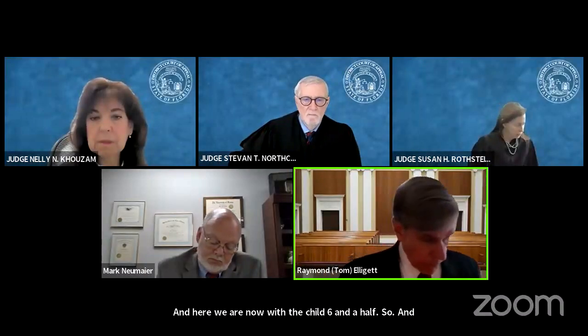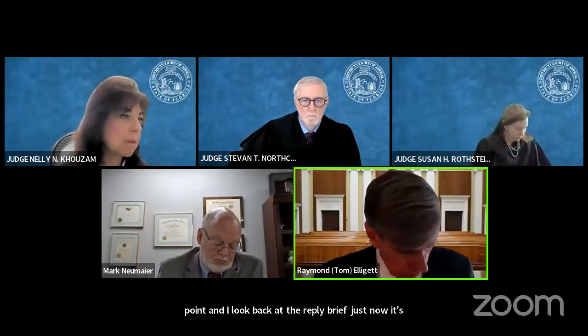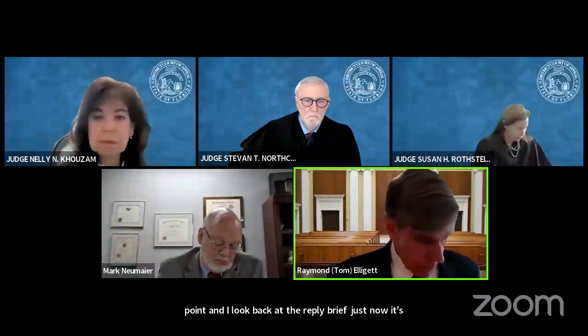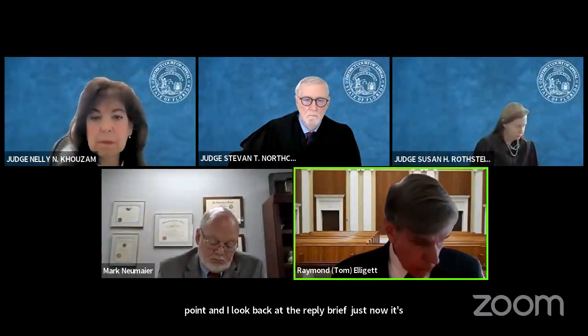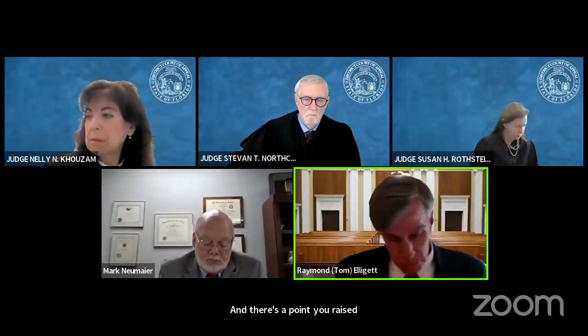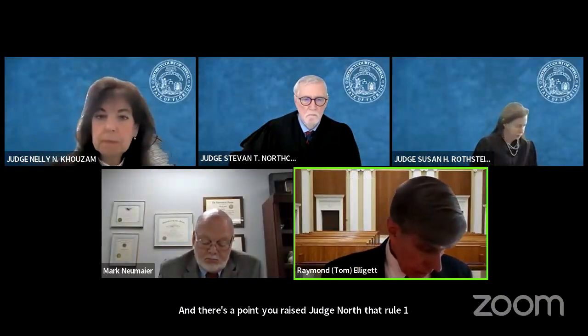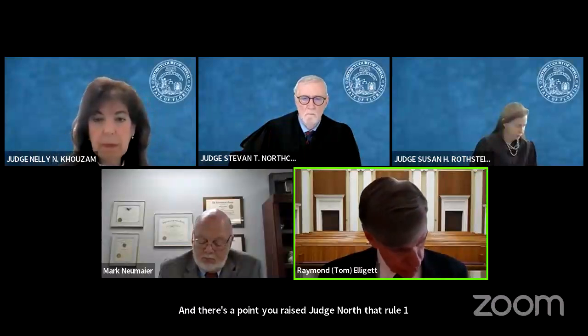The point, and I looked back at the reply brief just now, that is overlooked or ignored by the other side, and it's a point you raised, Judge Northcutt: Rule 1.190(b), or since we're in family law, 12.190(b), refers to amendments to conform with the evidence.